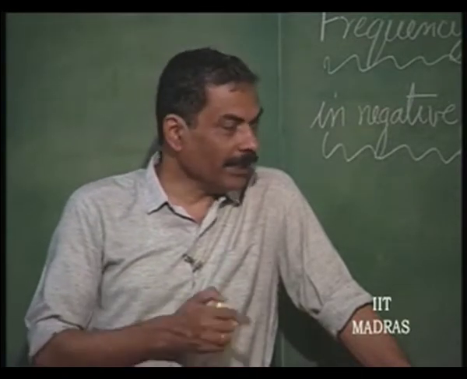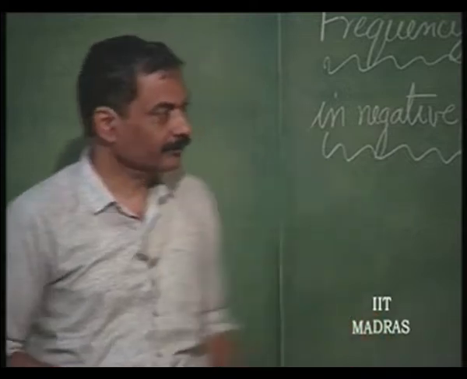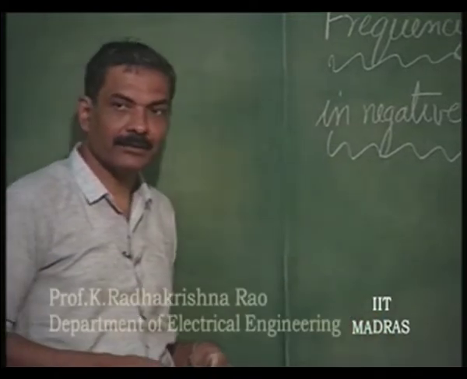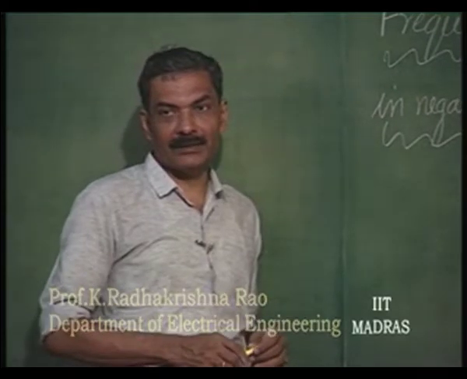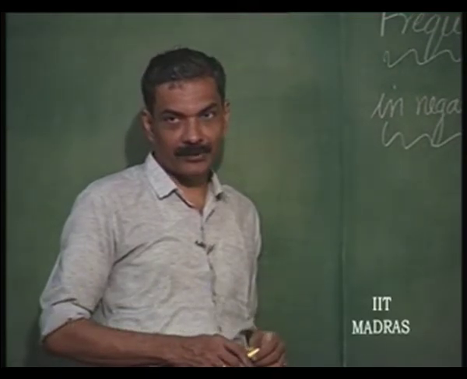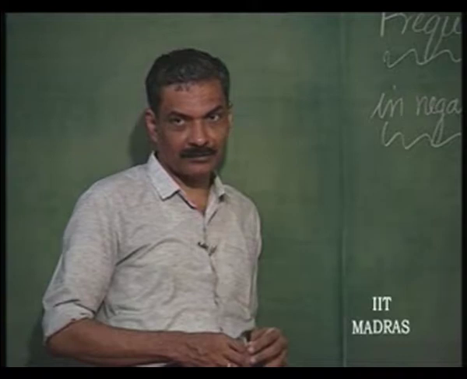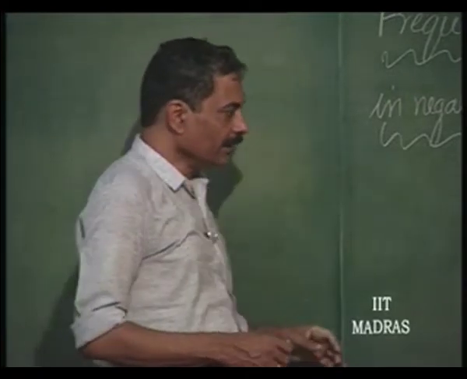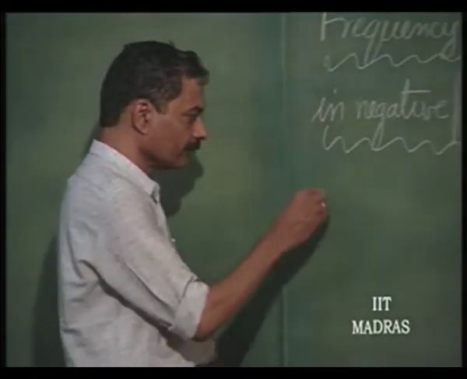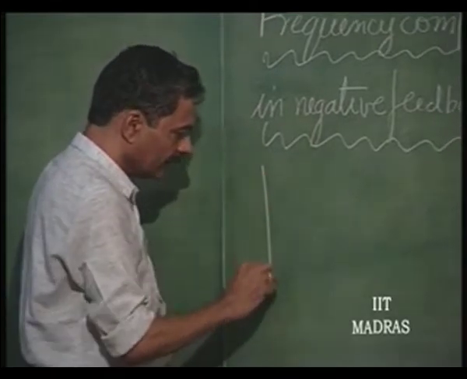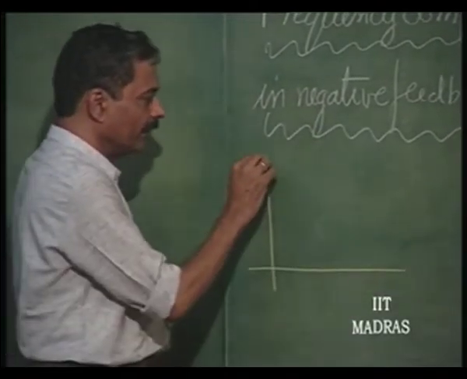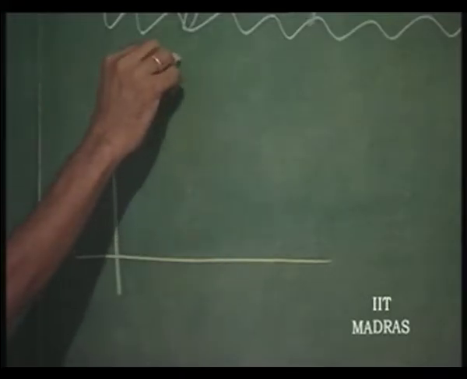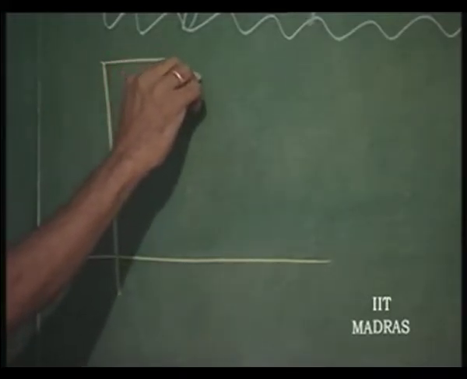Now, when an amplifier is designed with negative feedback, what happens if the amplifier is frequency dependent? This we have to understand. So, let us consider that the amplifier is frequency dependent with one pole.